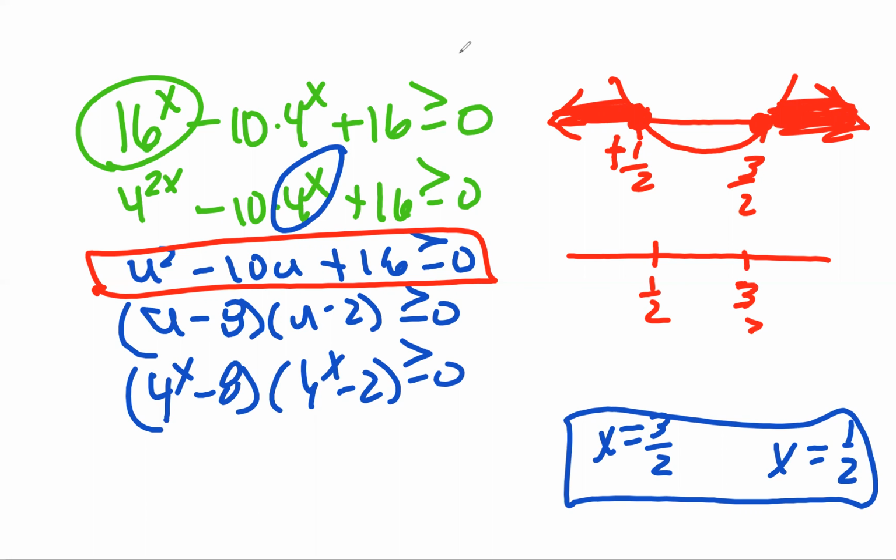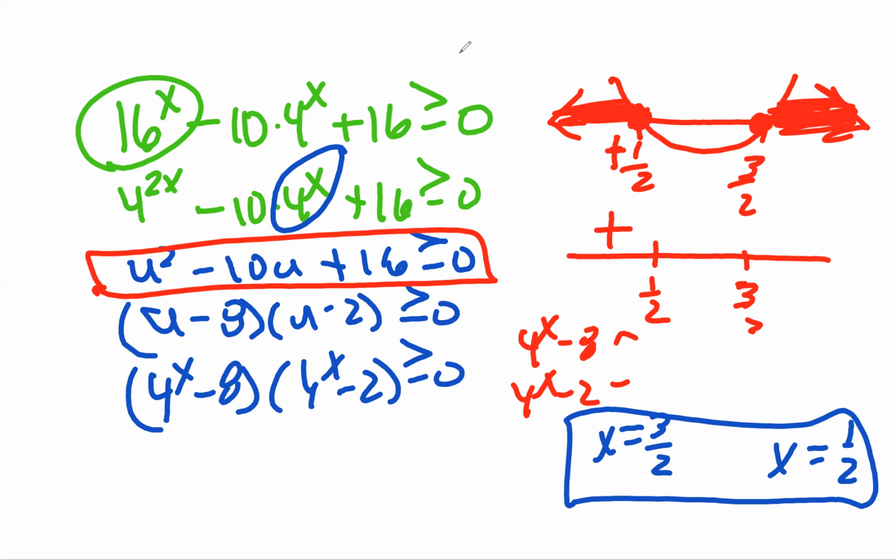Okay, if I did sign patterns, I could say I'm putting it into the 1 half power, 3 halves power, and check 4 to the x minus 8 and 4 to the x minus 2, just like we did before. If I said 0, 4 to the x is 4 to the 0 is 1 minus 8, so that's negative. 1 minus 2 is negative, so this section is positive.